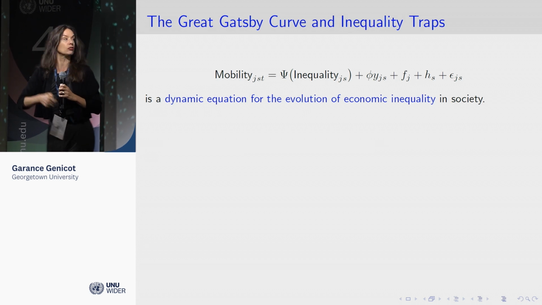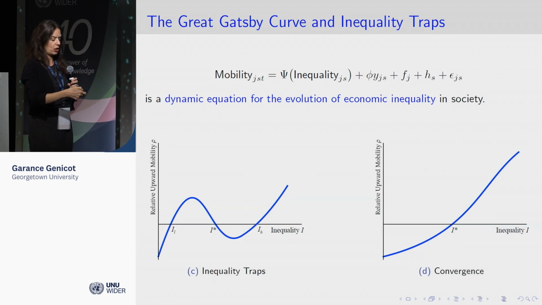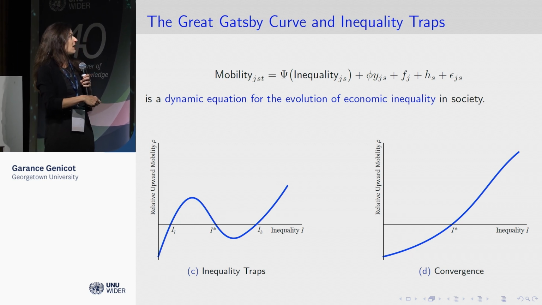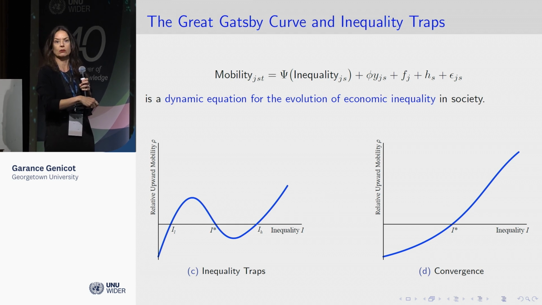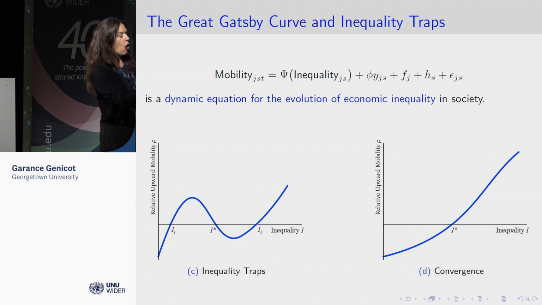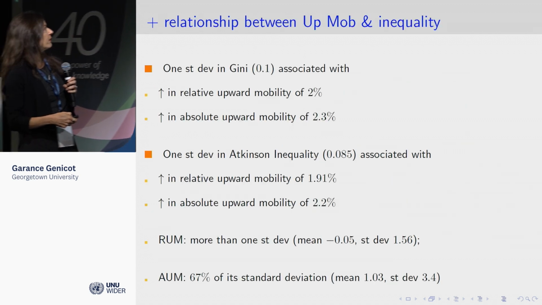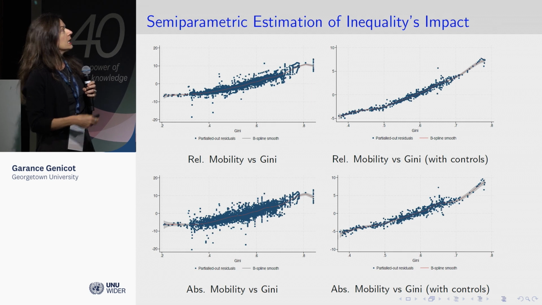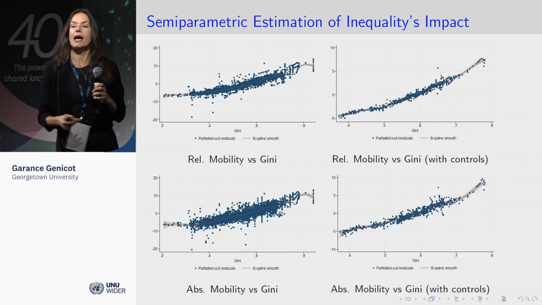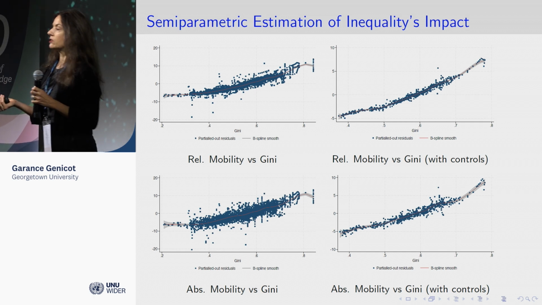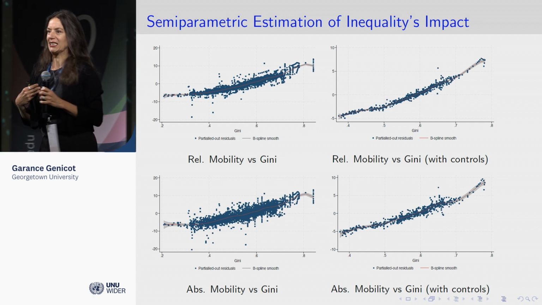So that allows us to distinguish between situations where you might have an inequality trap. Like if you're at a low level of inequality, you're going to get a decrease in inequality. When you're at a higher level of inequality, you're going to see an increase, or convergence. And what do we find? I'm going to show you the graph. What we find is, when you look at a measure of upward mobility, not what we expected to find.